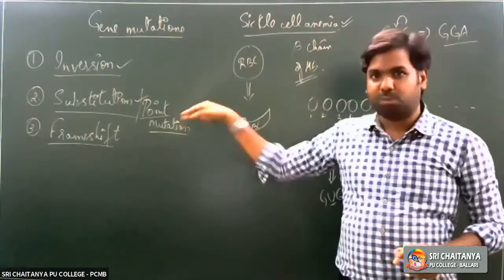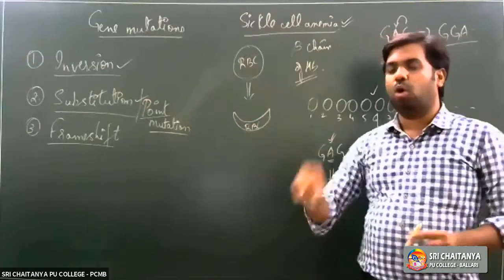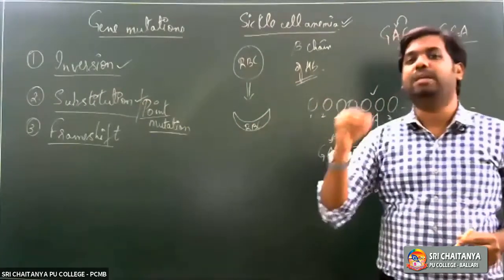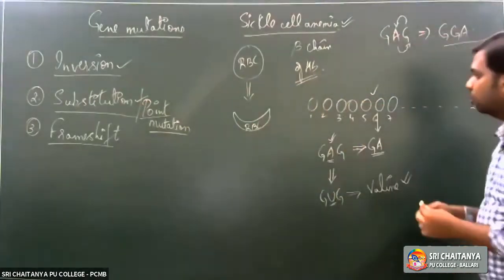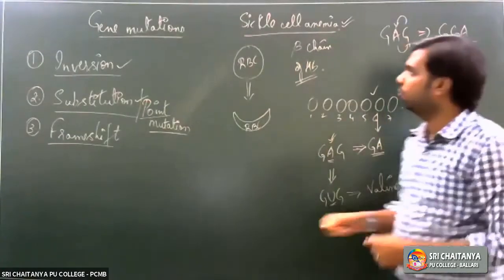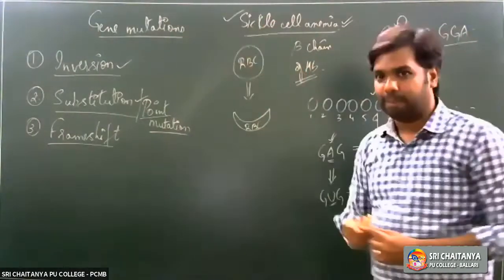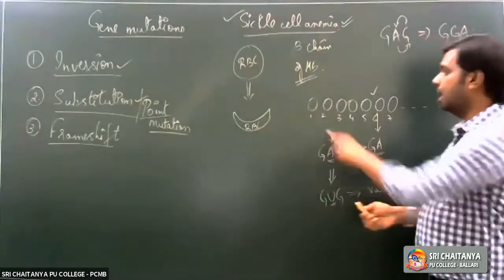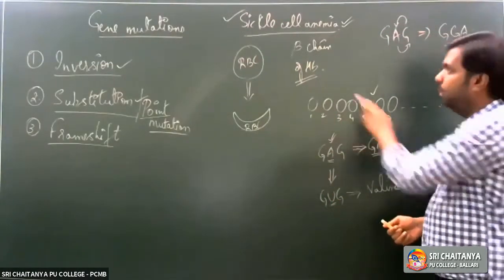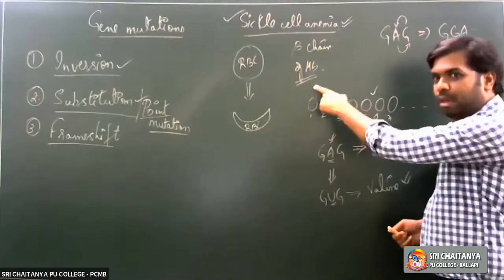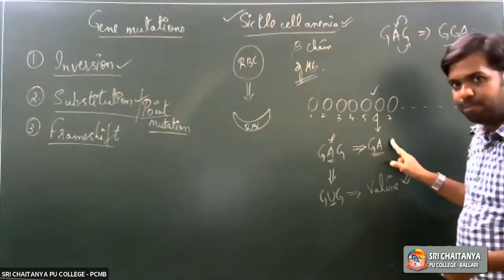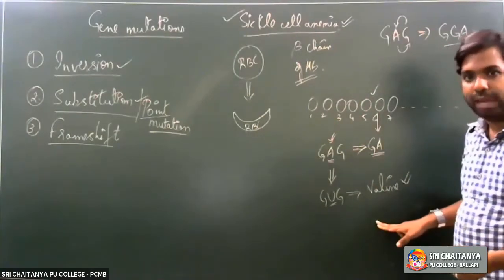Talking about the second one, substitution or point mutation, only one nitrogen base is being changed, right? And one best example we can take is sickle cell anemia, where in the sixth amino acid position of the beta chain of hemoglobin, instead of glutamic acid, valine is actually being expressed.